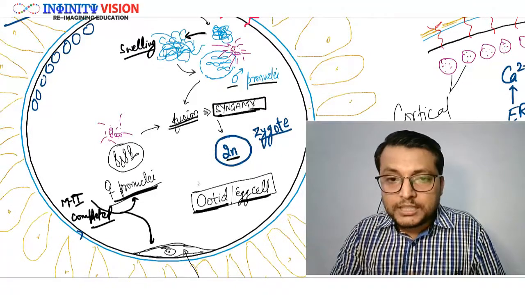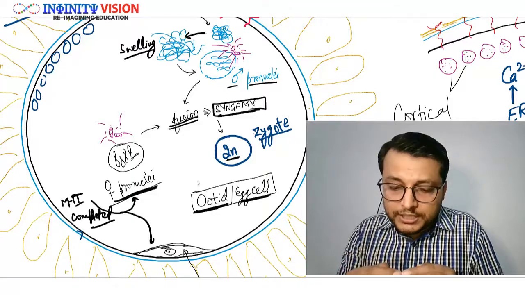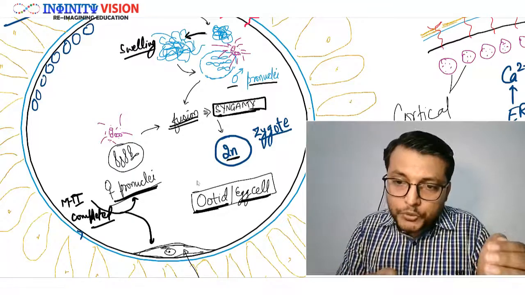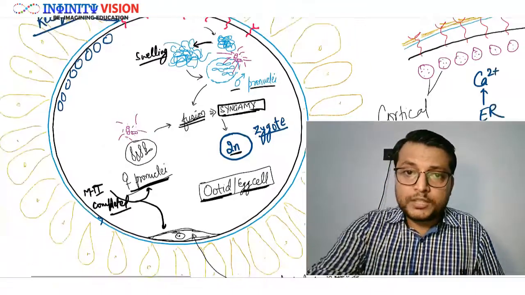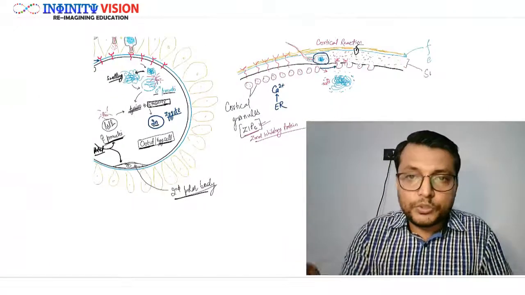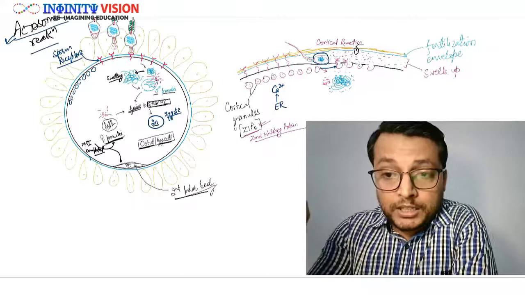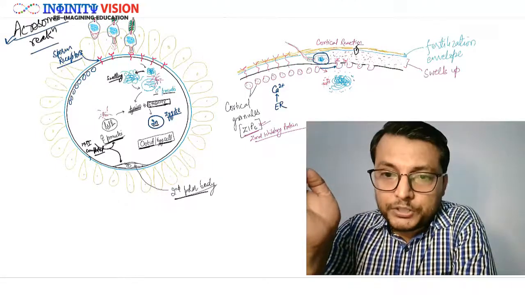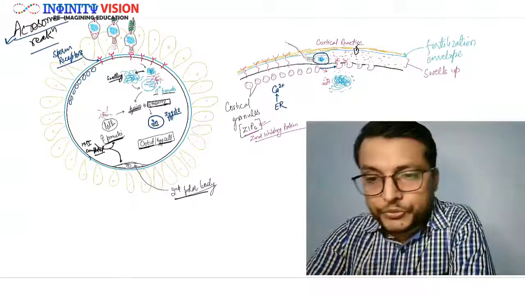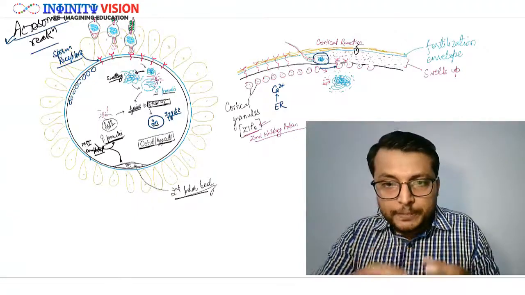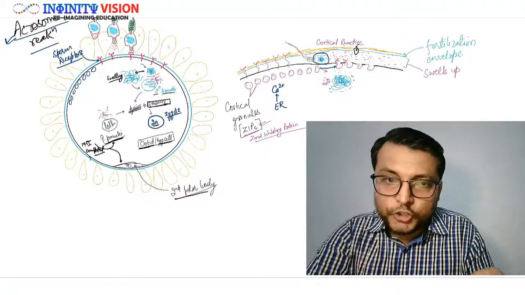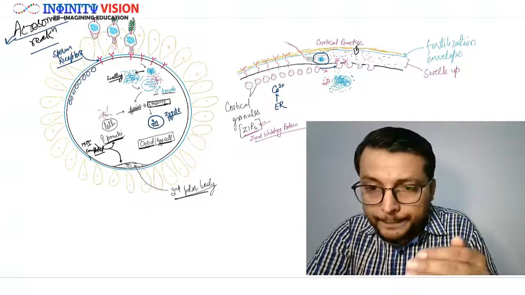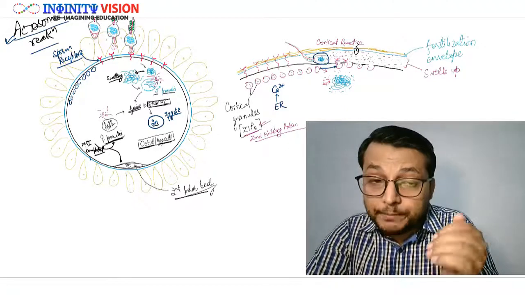Now what happens? The zygote will gradually start to develop into the embryo. Meanwhile, it will continue its journey through the fallopian tube towards the uterus. The remaining part of this we are going to see in the next lecture, where we will be talking about embryology, embryogenesis.